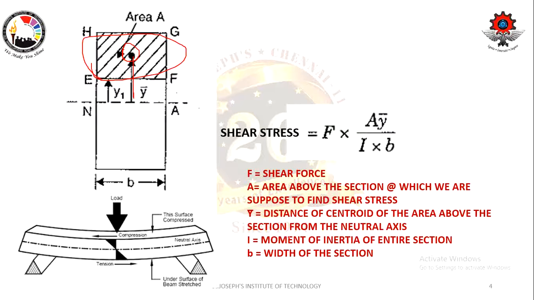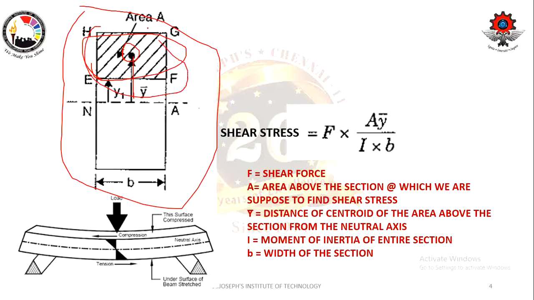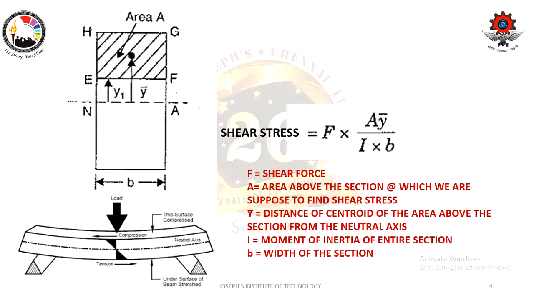Then I is the moment of inertia of the entire section. When coming to I, it is the moment of inertia for this entire section. It is not for this half of the section. I is the moment of inertia for this entire section.